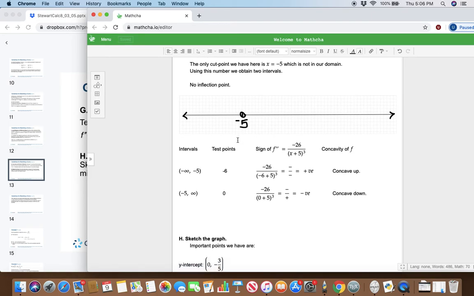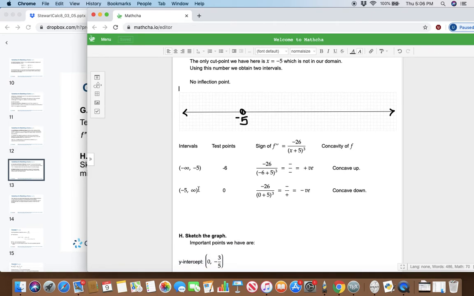Yet we can have different concavities, but this point is not going to give you a point on your curve. So you don't have an inflection point. Let's discuss concavity now. You have two pieces. Take a test point from each piece. Plug in the test points in your second derivative. Aha! When I plug in negative 6, I get negative 6 plus 5, a negative number. Power 3 is negative. Numerator is negative. So overall, it's positive.